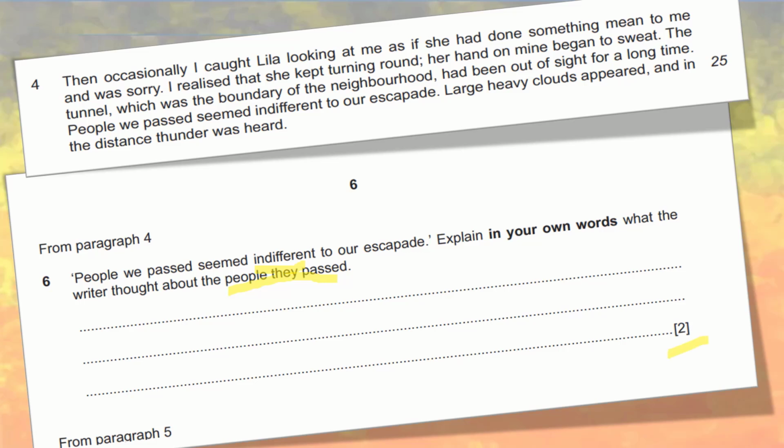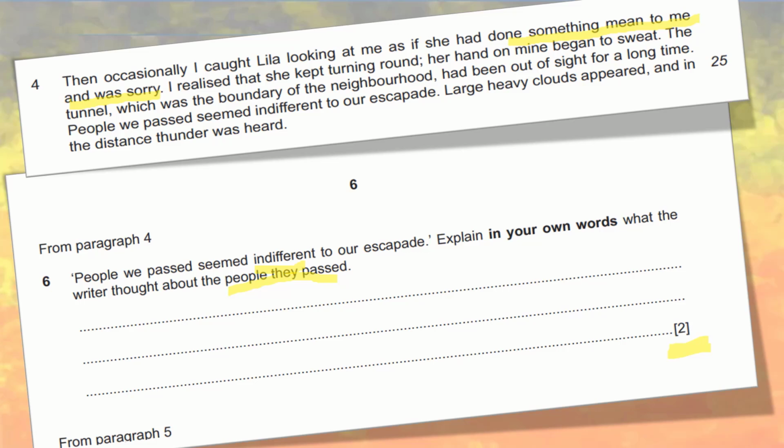Then occasionally I caught Leela looking at me as if she had done something mean to me. Okay, so their eyes met and she feels that Leela has done something mean to her and was sorry. This is what the writer perceives. I realized that she kept turning round, that she was aimlessly going from here to there.